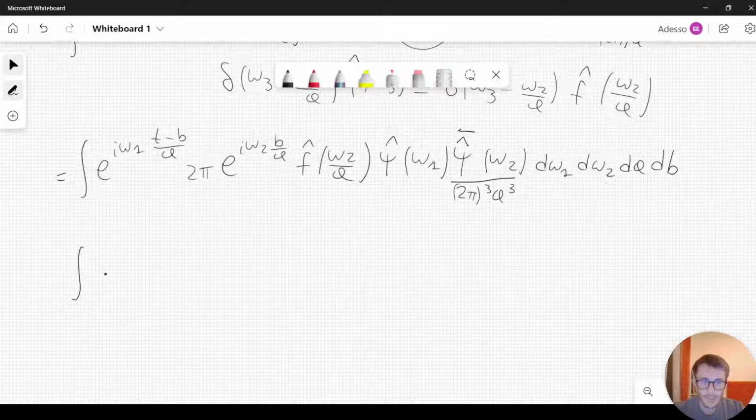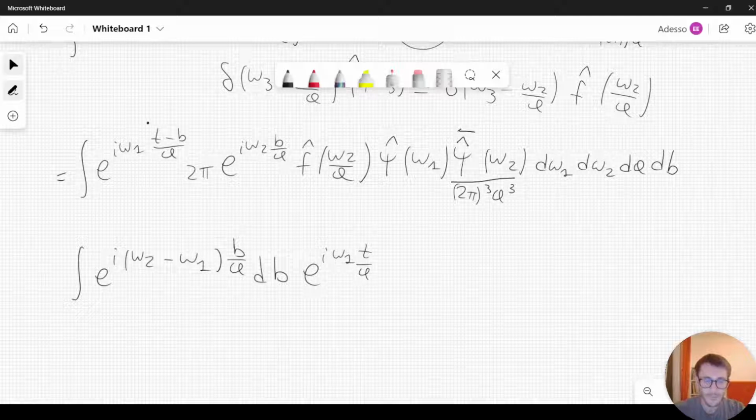I have integral of e to the I omega 2 minus omega 1 b over a. So this can be integrated over b. And I have e to the I omega 1 t over a.